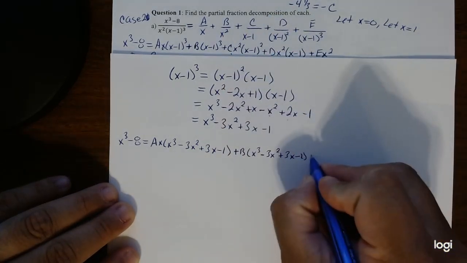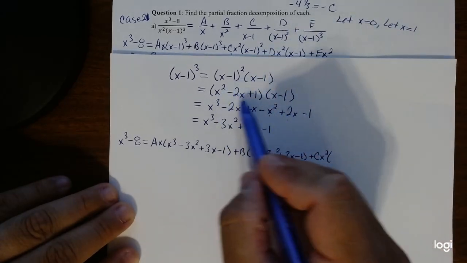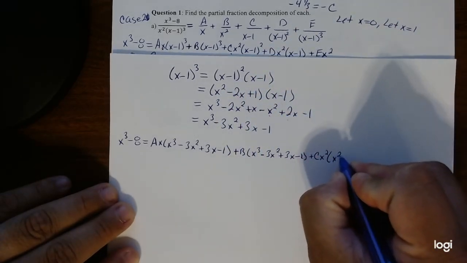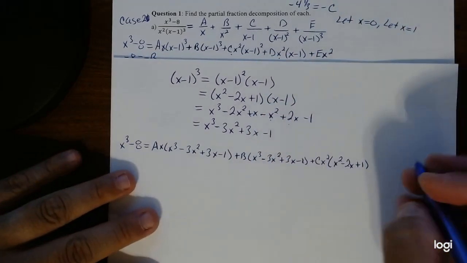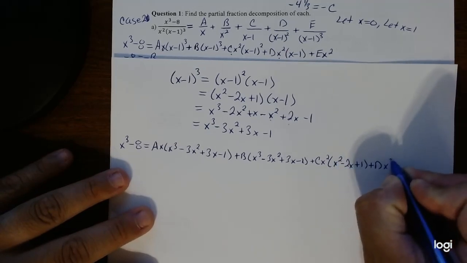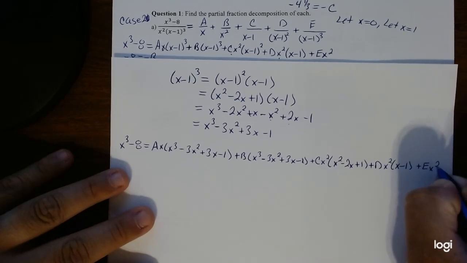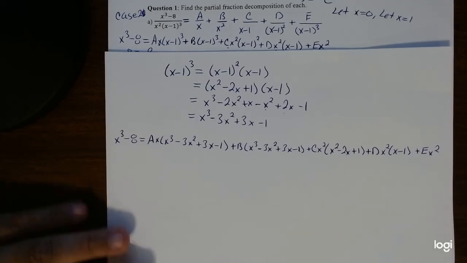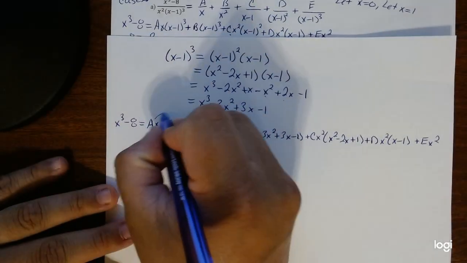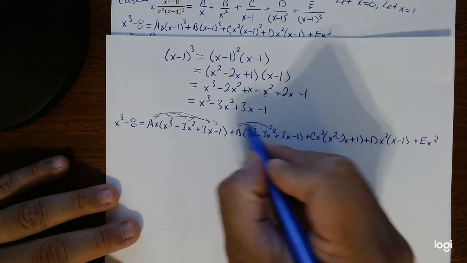And then c, and that one's x, so it's going to be just this one. Plus d times x squared times x minus 1. And we're getting e alone times x squared there. Okay. So now let's distribute everything we possibly can and see what's going on. What I mean is just straight out distribute on every single case.